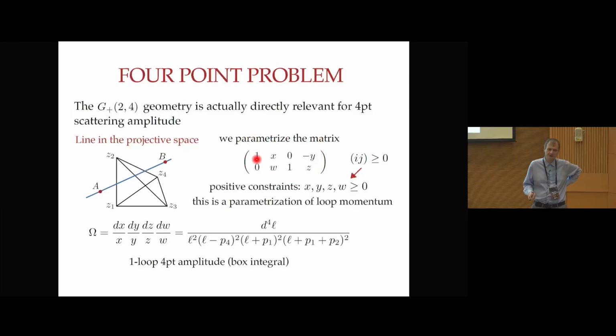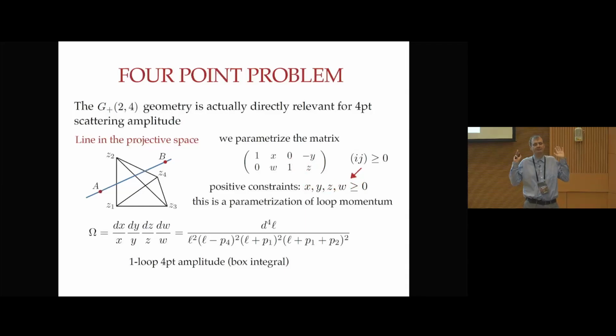You can use a parametrization of the matrix. You can fix 2 of the columns to be (1,0) and (0,1), and leave unspecified parameters x, y, z, w in the rest. And then saying that all of these 2x2 minors are positive is telling us that x, y, z, w in this parametrization are positive.